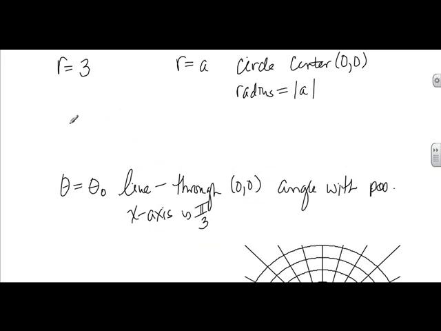When we had theta is equal to pi over 3, that was the last example we were talking about. So the generalized version, theta equals theta sub 0, is going to be the line through the origin whose angle is theta sub 0.